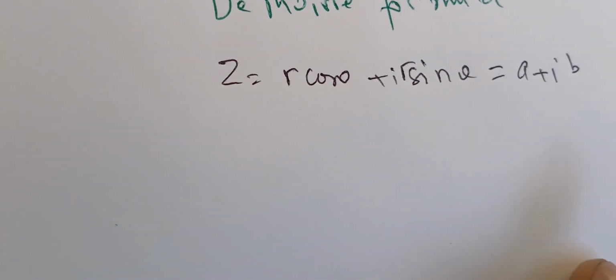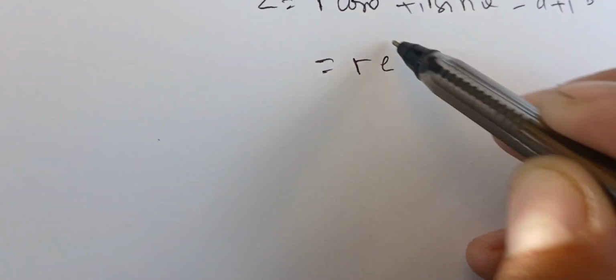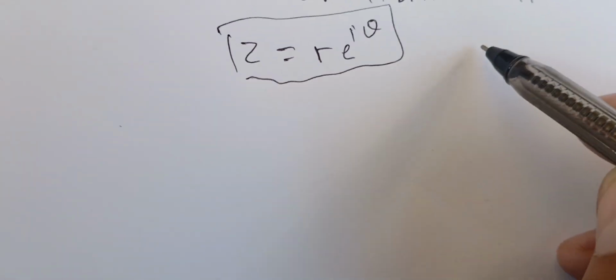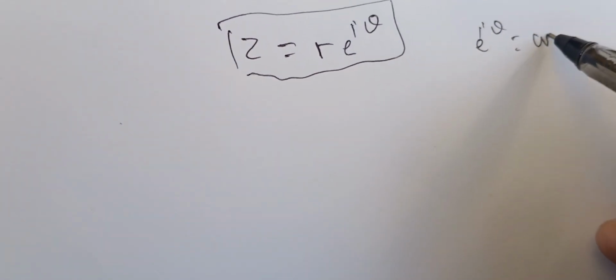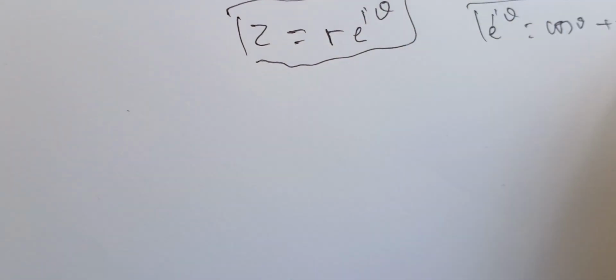So our number here can also be written in this exponential form, r e^(i theta). Remember that e^(i theta) is just cosine theta plus i sine theta.